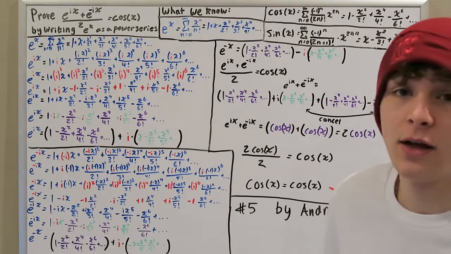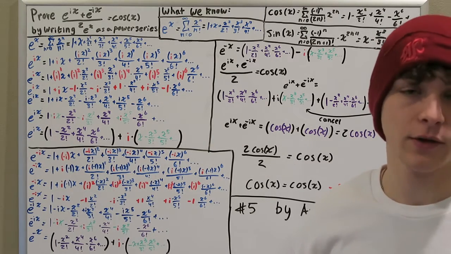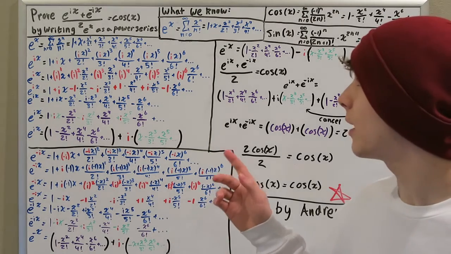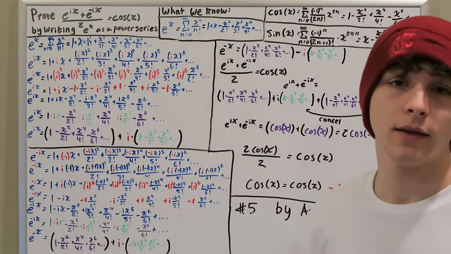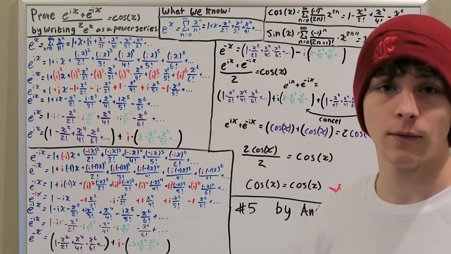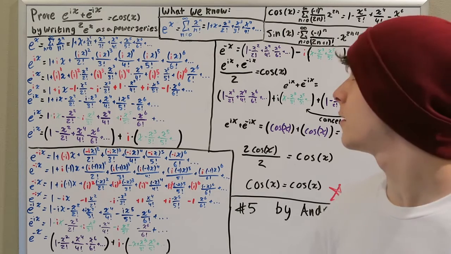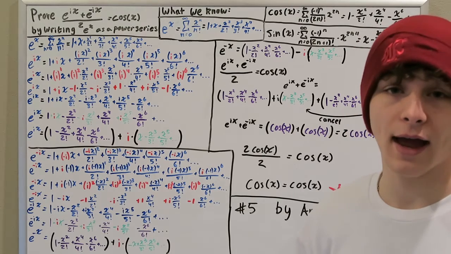The first thing that I did was I stated what we knew for sure. What we knew for sure was that e to the power of x, the Maclaurin series, is equal to the summation from n equals 0 to infinity of x to the power of n over n factorial.